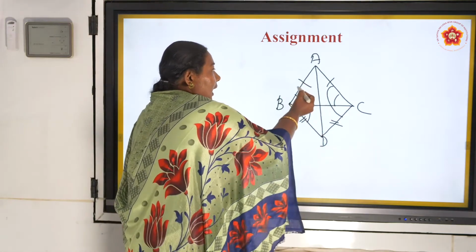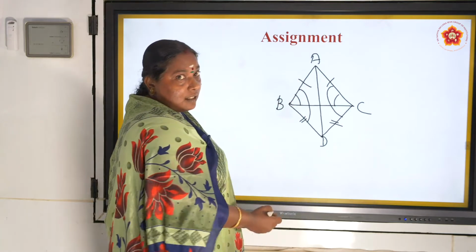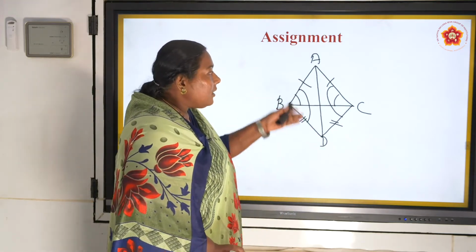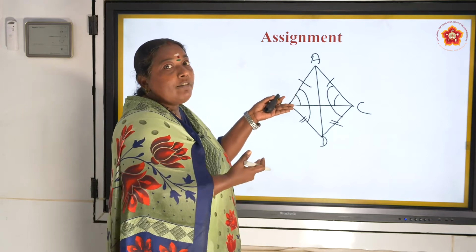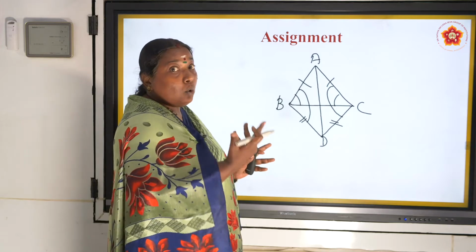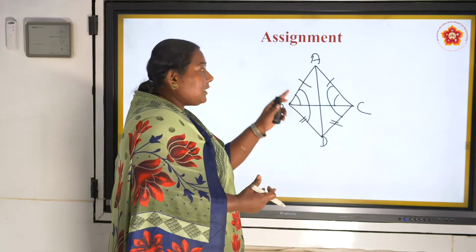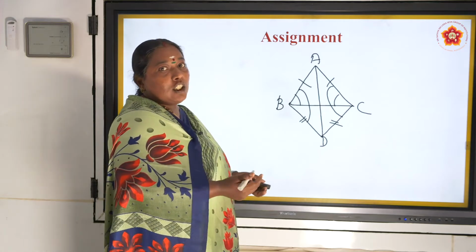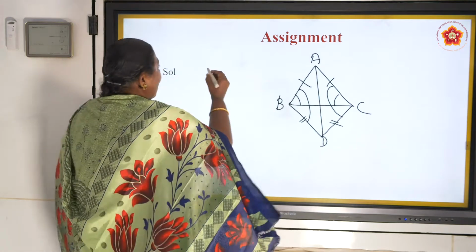I have AB equal to AC, then BD equal to CD, and my AD is standing common for both the triangles. So with that, what can I tell? Yes, congruency. I can tell that both the triangles are congruent. So what do I have to write?